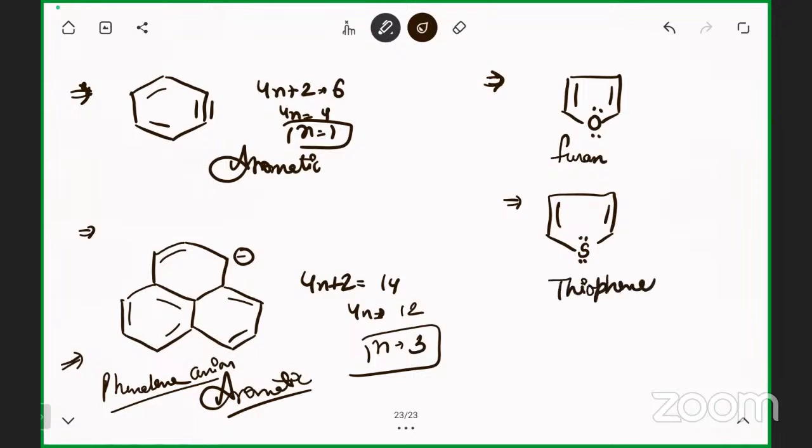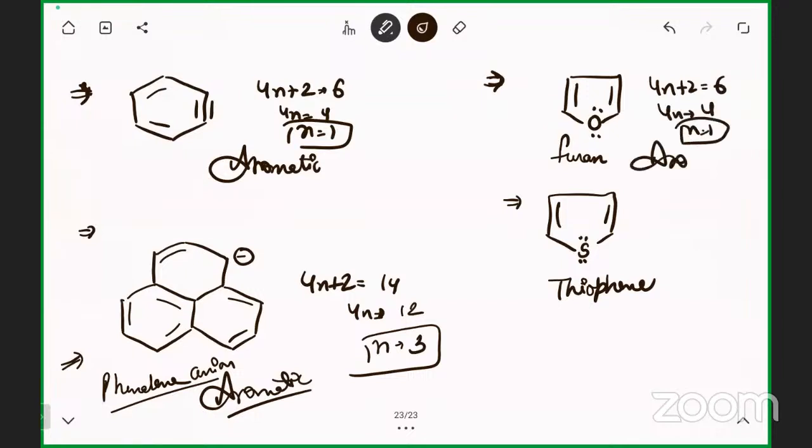Is furan aromatic or not? 6 electron system, sir. 4n plus 2 is equal to 6, 4n is equal to 4, n is equal to 1.